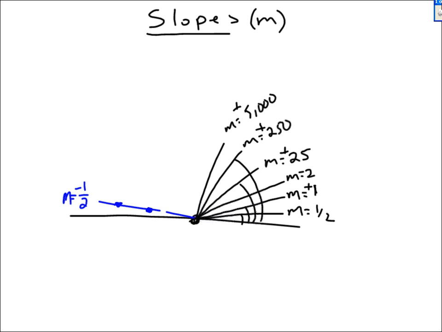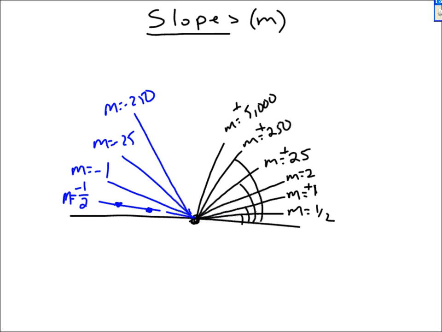This line is steeper. Its slope will be more negative, negative 1. This slope might be negative 25. This slope might be negative 250, just like the other side, except these are now negative, negative 5,000.